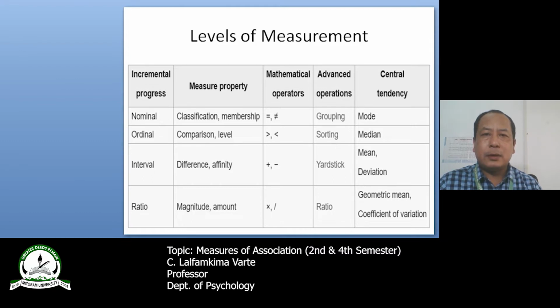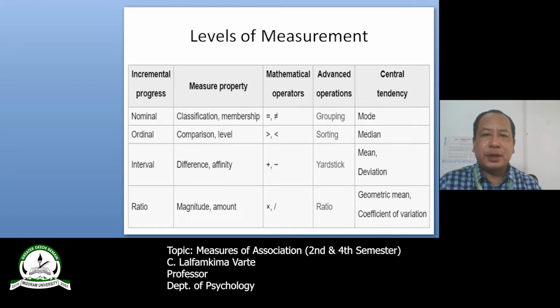The table projected shows the different levels of measurement with their incremental progress on the measurement property, the mathematical operations that are possible, the advanced operations that are possible, and the central tendency that is applicable.